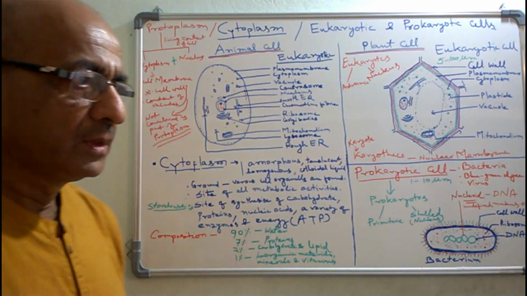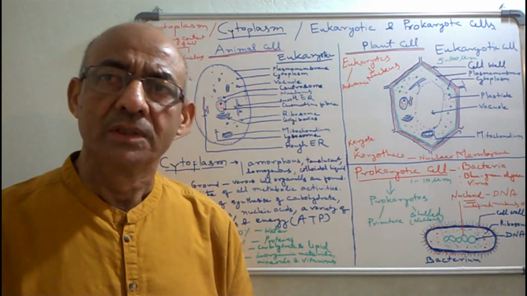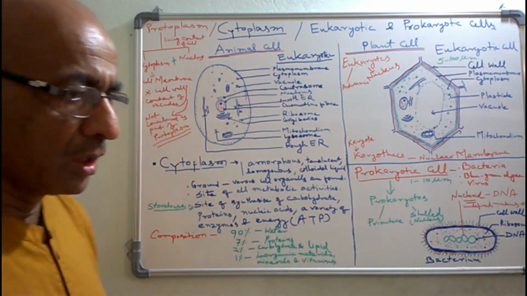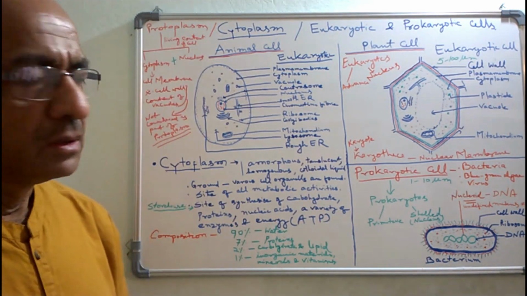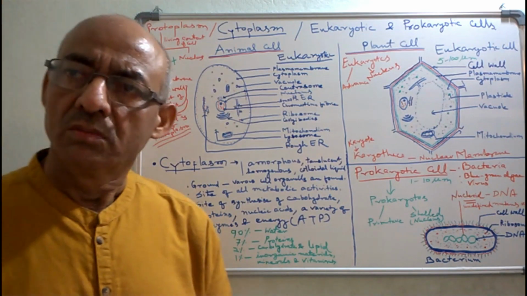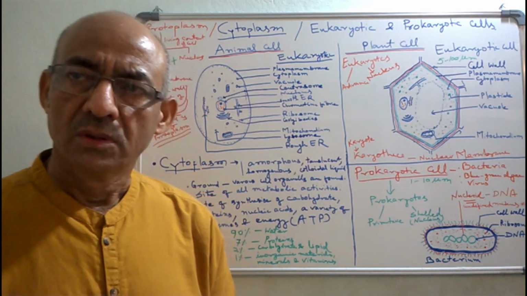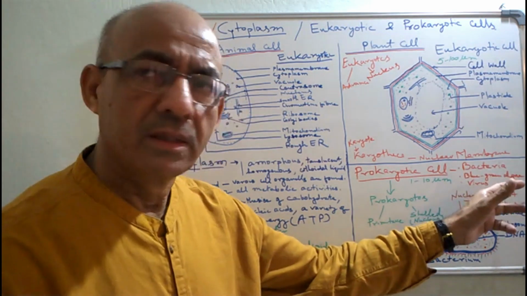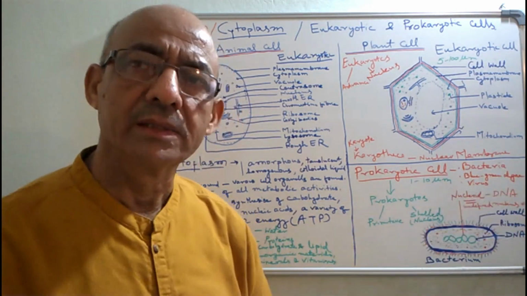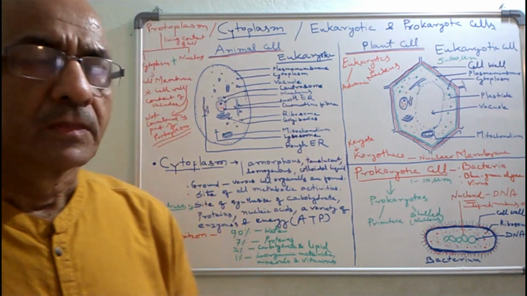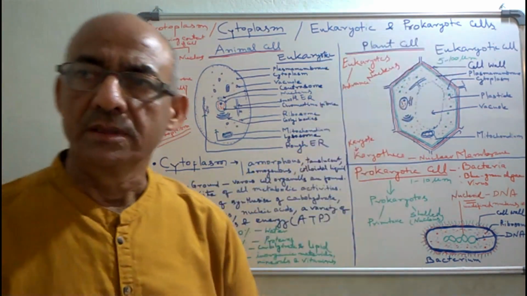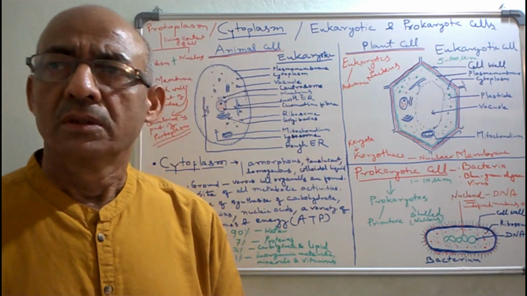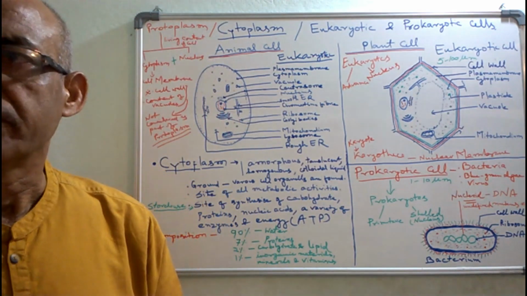Actually, the cells of all the multicellular organisms as well as the microorganisms other than bacteria, blue-green algae and viruses have eukaryotic cells.